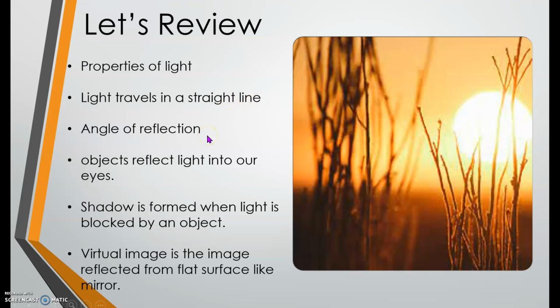We talked about the angle of reflection. Objects reflect light into our eyes. The shadow is formed when light is blocked by an object. And the virtual image is the image reflected from a flat surface like a mirror. Okay, we will review that again today.